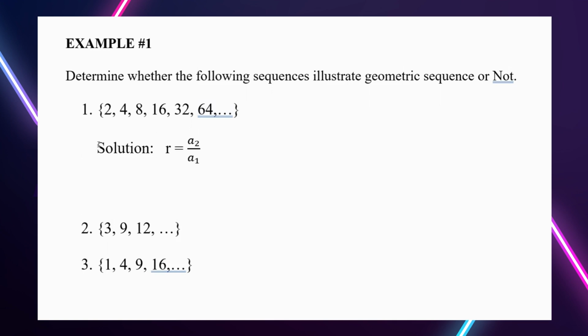So ang common ratio natin ay makukuha by dividing the second term by the first term. Okay? Or dividing the second term by its preceding term to get the common ratio. So ang ating first term, ang a sub 1 natin ay 2.